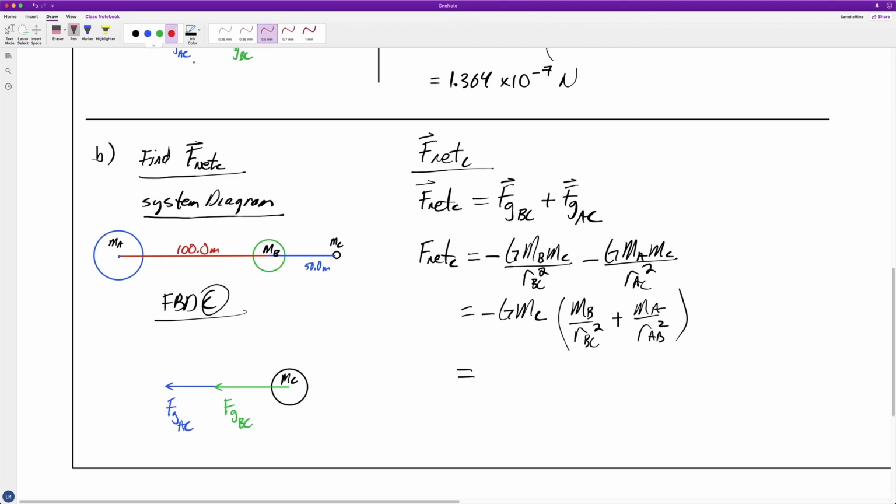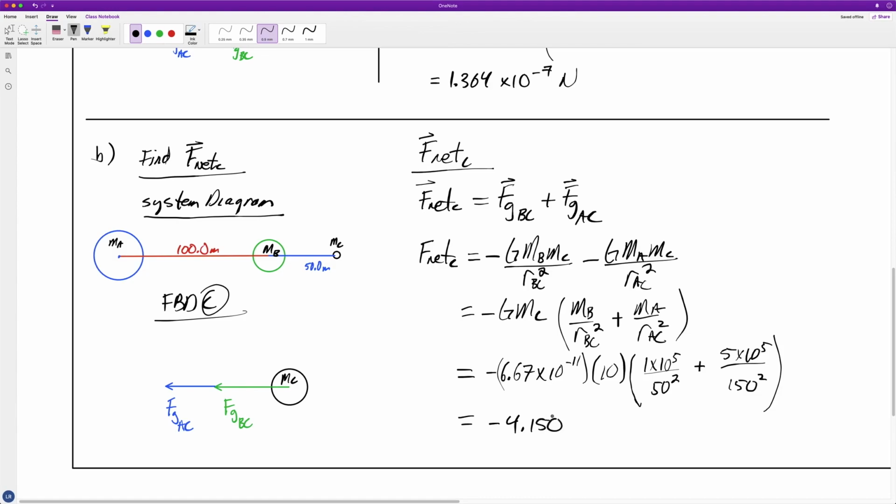Note, it's very important. I make this mistake all the time still. When you take the common factor of the negative, that turns into a positive, and that's an easy mistake to make. Very common. So notice this time RBC is 50 meters away and RAC is 150 meters away. Also, be careful of this notation down here, which gives us negative 4.150 times 10 to the negative 8 newtons.